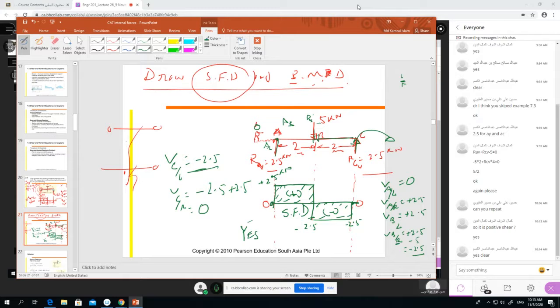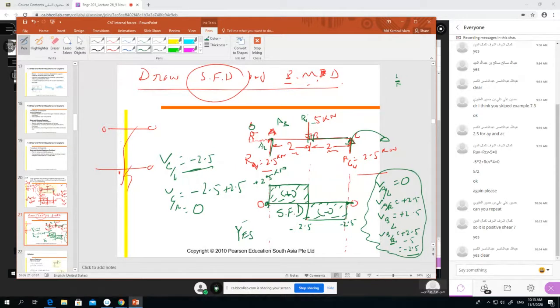Now we will learn the bending moment diagram, how to draw the bending moment. You can do the calculation or you can draw it directly from the shear force diagram.